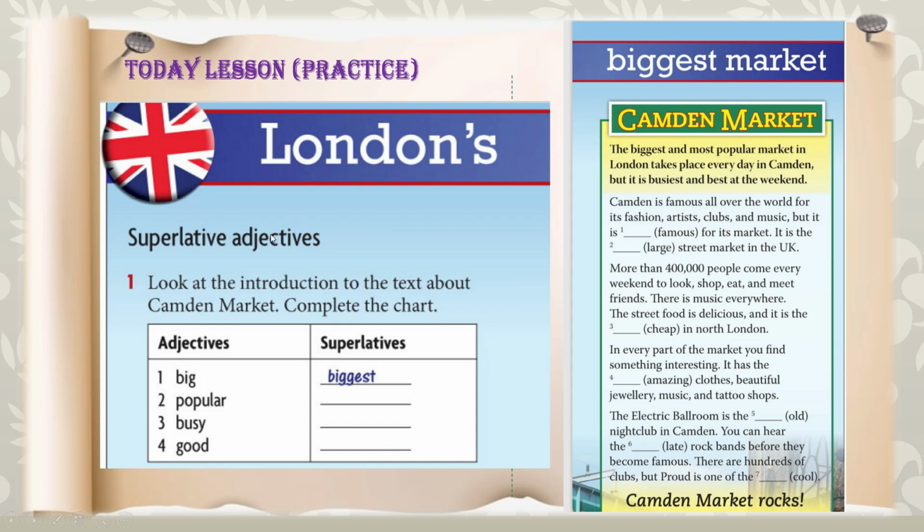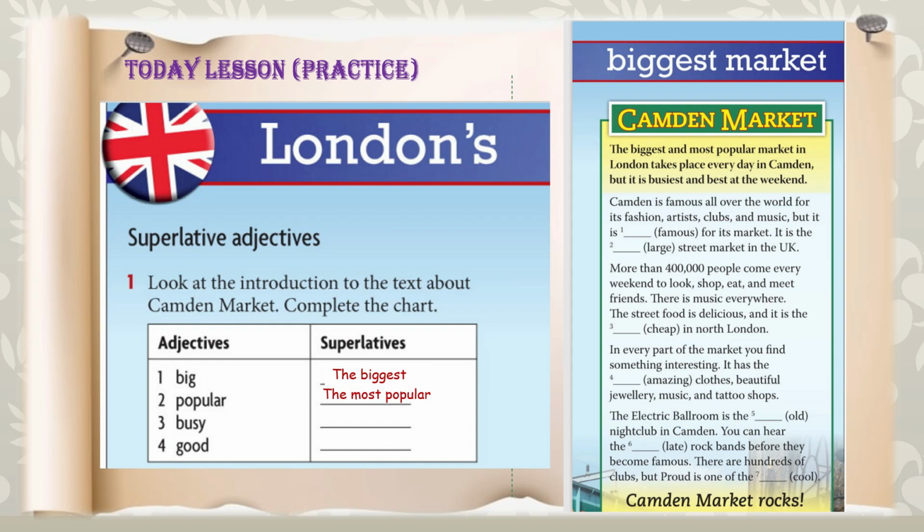What I want you to do now is to look at the adjectives in the list. We have 4 adjectives, and I want you to change them to superlative adjectives. Okay, number 1 has been done for you: the word big becomes "the biggest." Number 2, the word popular, becomes, yes, "the most popular."